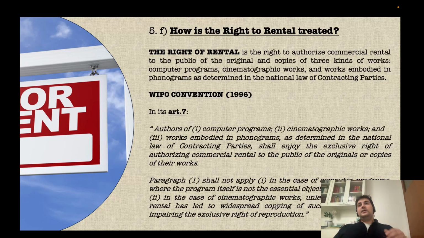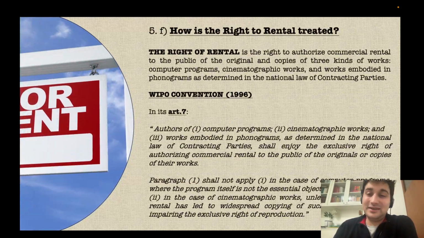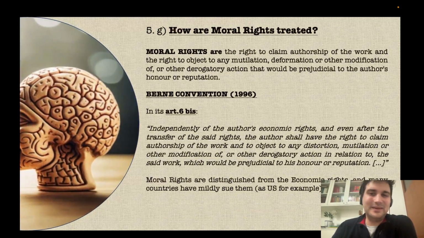Then from WIPO you have the right of distribution at Article 6, the right of public communication at Article 8, and then the right of rental, always in the WIPO Convention at Article 7. Article 8, sorry. Temperature all the time.